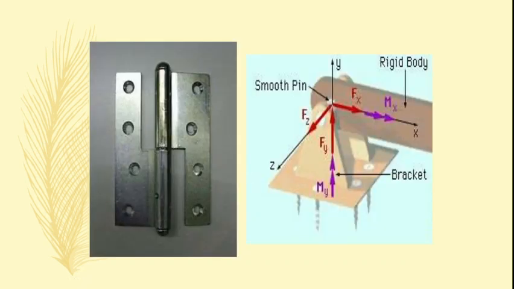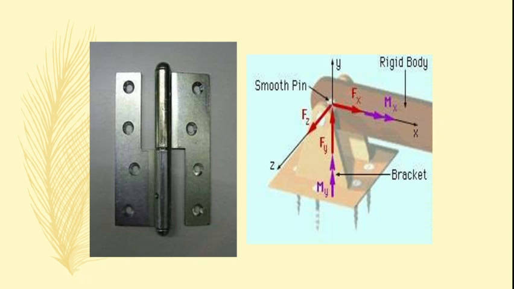Okay, you see this kind of hinge support in your door. Okay, and you see that the door can rotate about the axis of this hinge support, but it cannot translate in either direction.